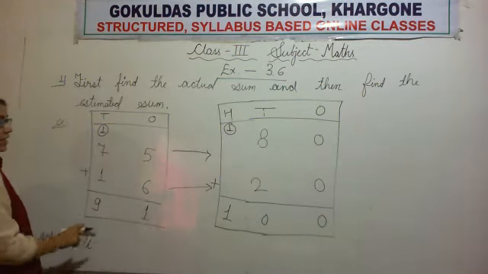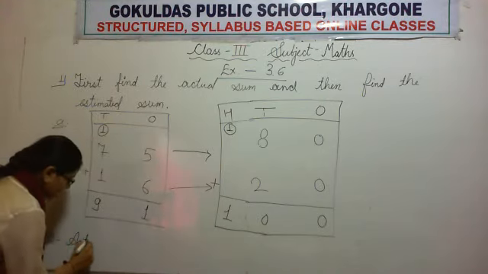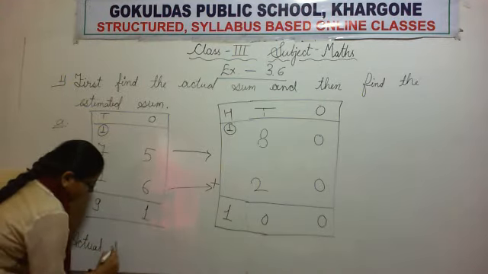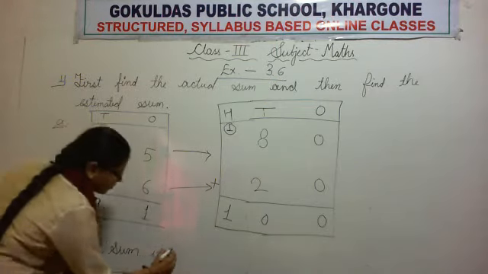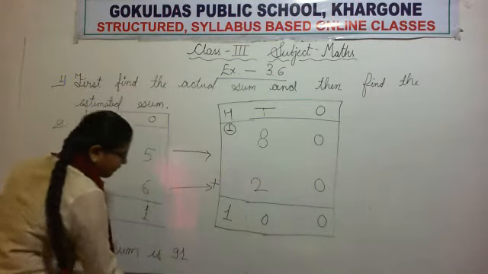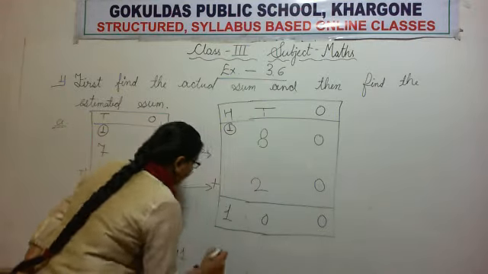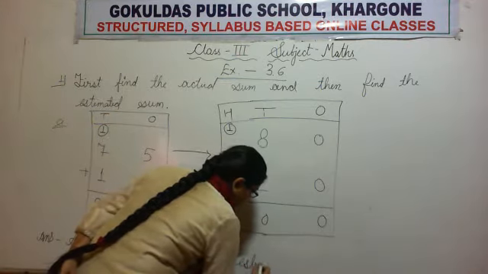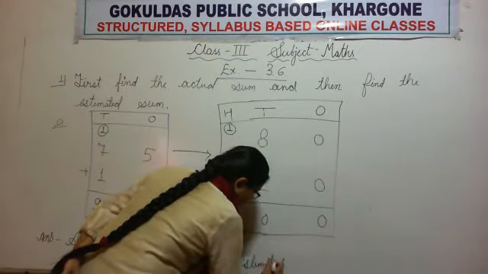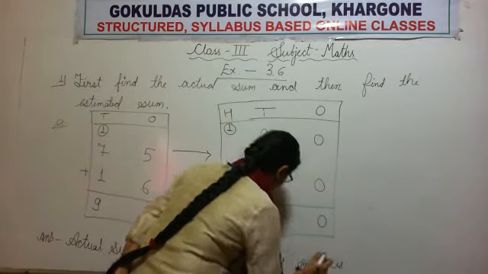So in the answer we will write about actual sum and estimated sum. Actual sum is 91, and the next thing question has asked us is estimated sum. Estimated sum is 100.